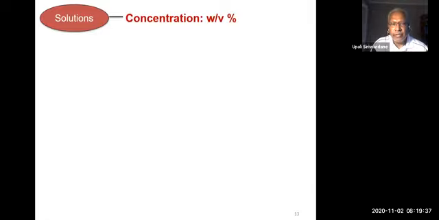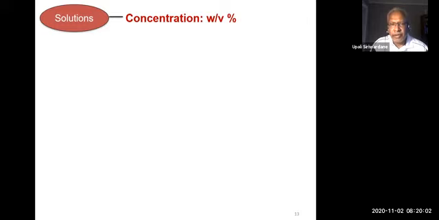We're going to look into concentration units. Concentration means the relative amount of solute to the total amount of solution. Parts divided by total multiplied by 100.